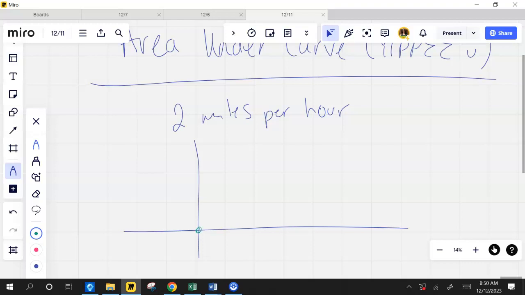After 0 hours, you've gone 0 miles. After 1, you've gone 2, because essentially this would be a line with a slope of 2. Do you agree? I hope I'm not making this overly complicated.